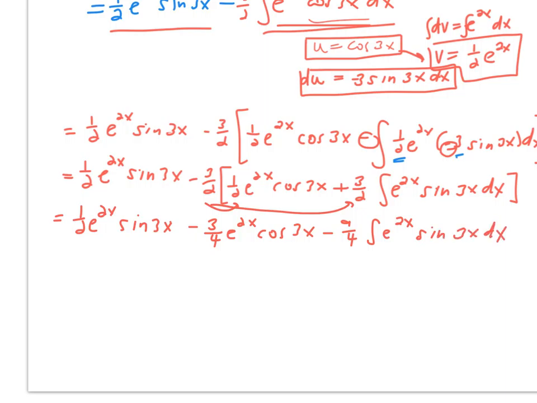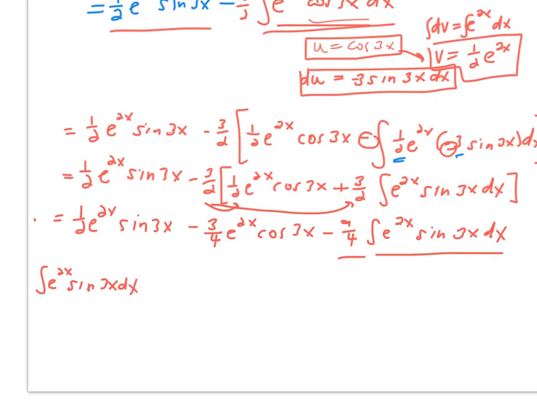Now, I know you can't see it here, because I didn't have room to write it over here, but the original problem is this integral right here. So on the left-hand side, we have 1 times the antiderivative of e to the 2x sine of 3x dx.